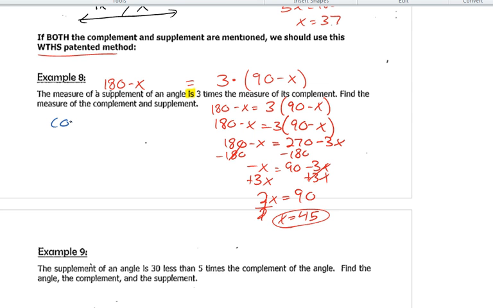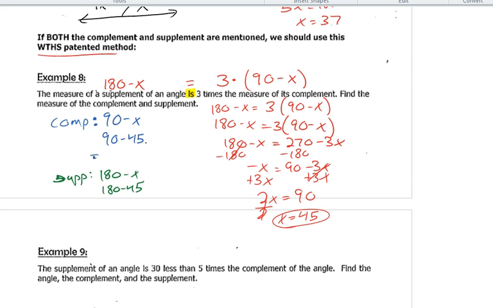So complement's going to be, oops, I don't want to do equals. Complement's going to be 90 minus x, or in this case 90 minus 45. Supplement is going to be 180 minus x, or again in this case 180 minus 45.